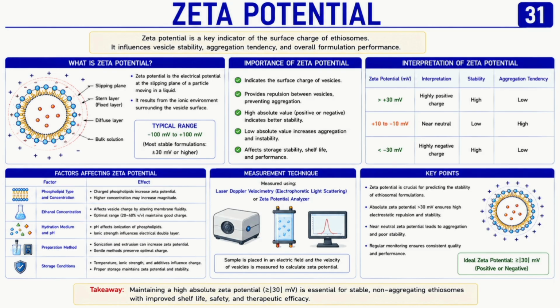However, the absolute zeta potential values may contribute to electrostatic stabilization in some systems. The ethosomal stability cannot be predicted from the zeta potential alone, because ethanol, phospholipid composition, steric effects, and other formulation factors also contribute. Therefore, the zeta potential should be interpreted together with the particle size, PDI, morphology, and physical stability studies.